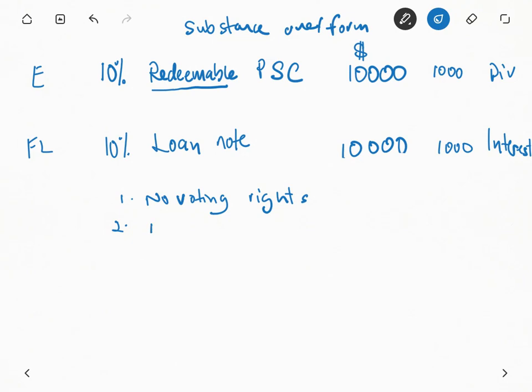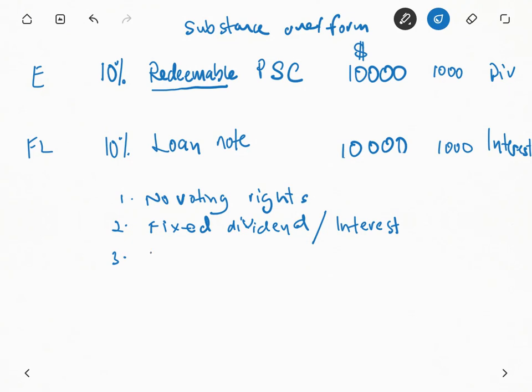No voting rights. They have a fixed dividend for preference. For loan note holder, you have a fixed interest every year, 1,000. And one of the main differences will be here.